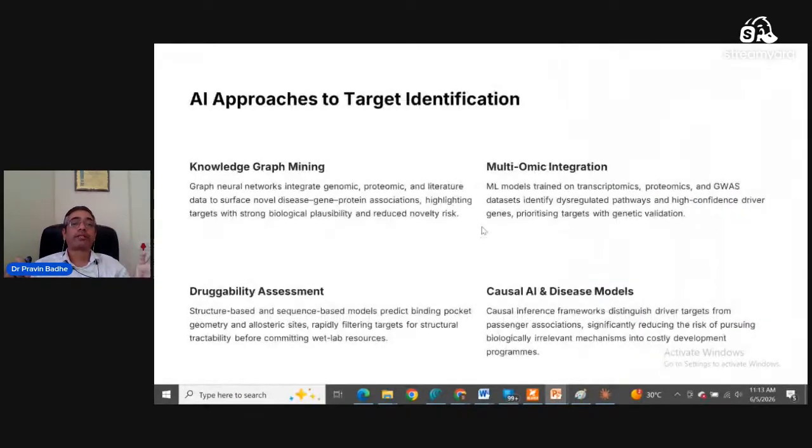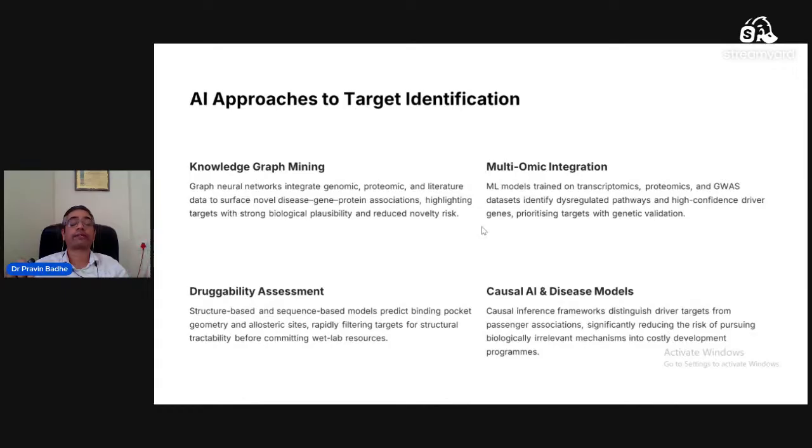So the major approaches that are being used for target identification are knowledge graph mining, which, as I told you, connects the databases with the literature. That way you can develop the connection between disease genes and protein association, which can help to understand the novelty or the risk of the protein.